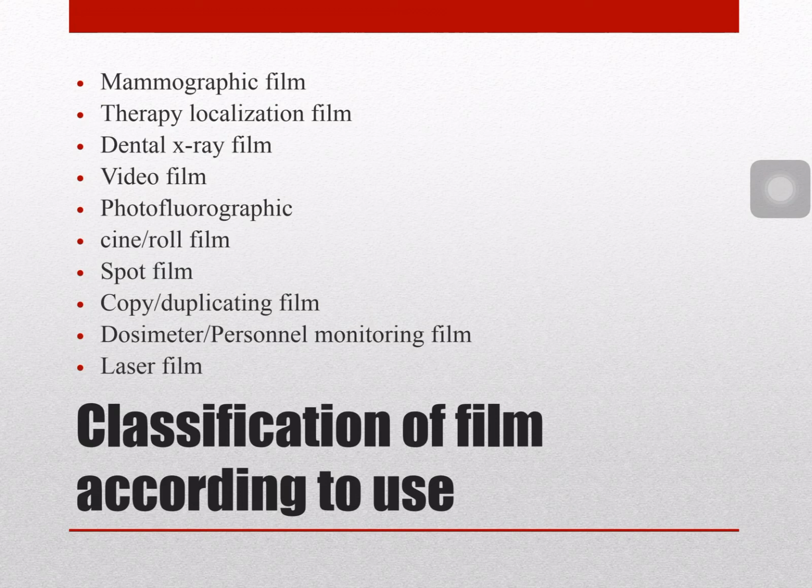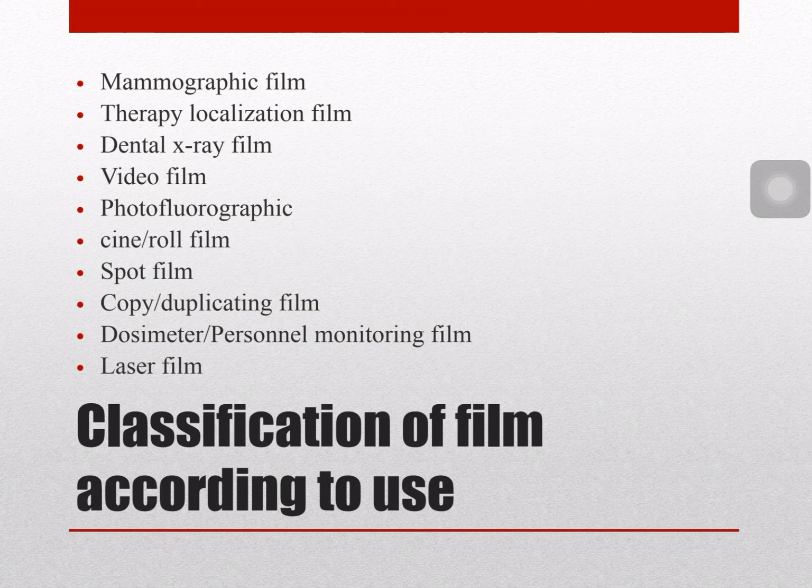This copy or duplicating film naman, the more time we expose it to the light, the less density it will add on the film. Because this is a reversal. Okay, reversal. So, kung ano yung color na makikita natin on the original radiograph, when we copy or duplicate this using this type of film, the image will be seen in a reversed color. Or parang magne-negative yung color niya.